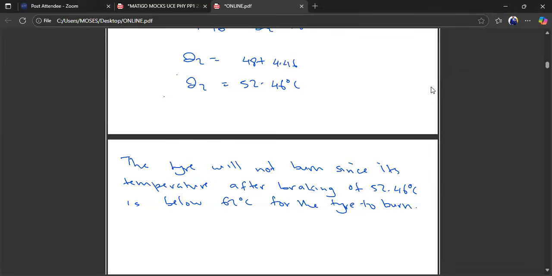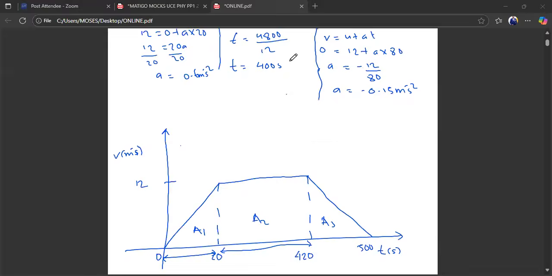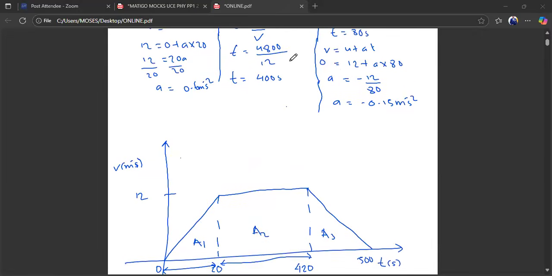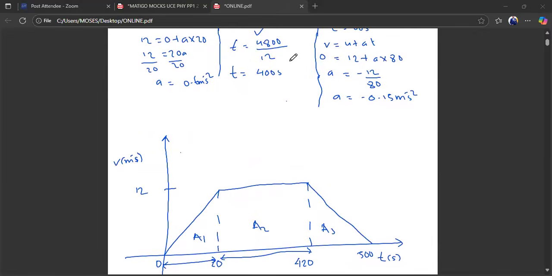Okay, now let us look at this part here. Someone was asking about applications of the equations of motion. Now you see this part here. We can find the distance covered by using the equations of motion.